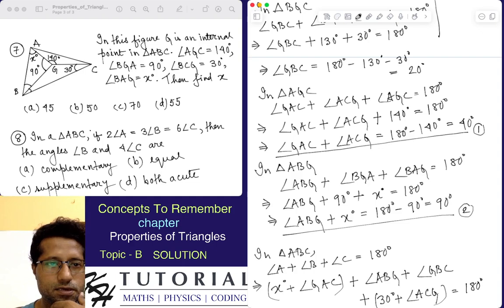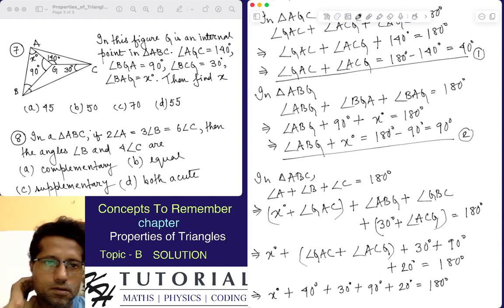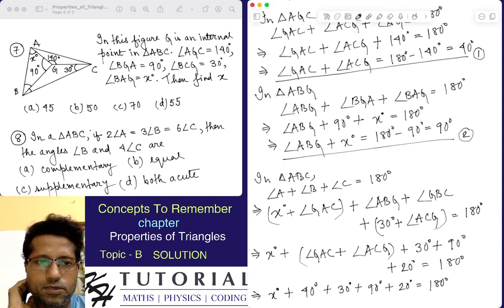Angle BAG is marked as x degree. So we have angle ABG plus x degree equals 180 degree minus 90 degree, which is 90 degree. Okay. So angle ABG plus angle x degree is equal to 90 degree. Now in the triangle, we have to find x. Can we know angle ABG? No.